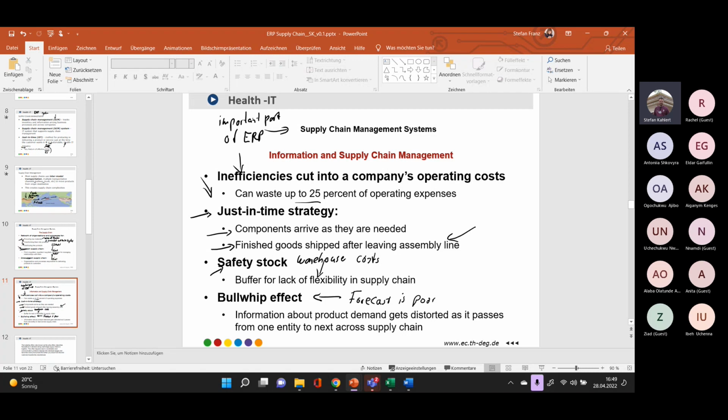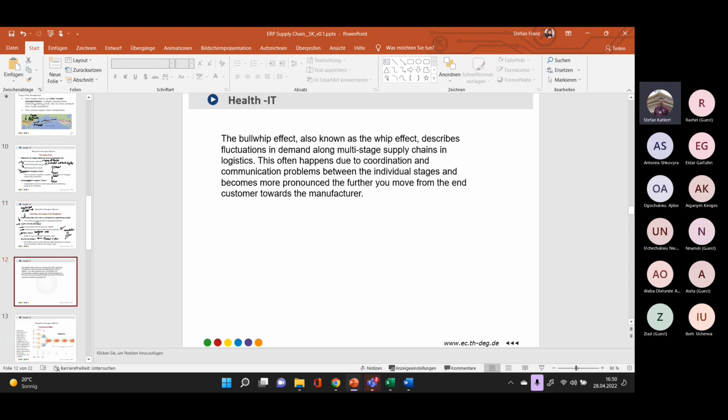It impacts the whole supply chain model, and this happens from entity to entity. So on top of it, you have a manufacturer, and then you have certain vendors and integrators and other companies in between, and the information flow is poor, and then it comes to misinformation, and then you see an effect which is called bullwhip. What is it?